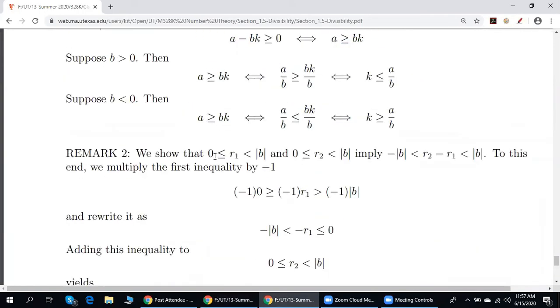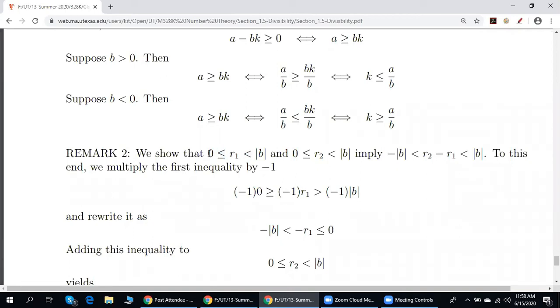Remark 2. So once again, we have this and we have this. Let us show that this double inequality and this double inequality imply this double inequality. To this end, let us multiply double inequality number 1 by negative 1. Since we multiply by a negative number, we have to switch the signs.